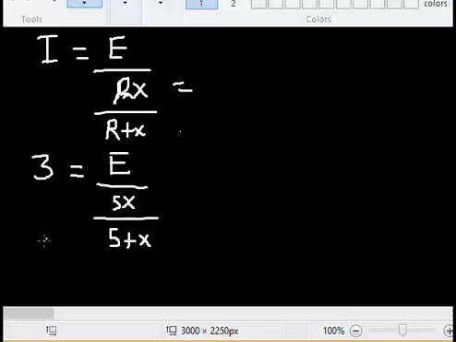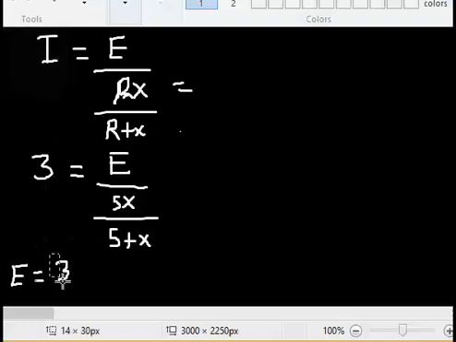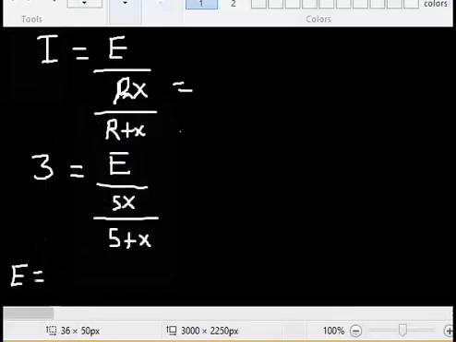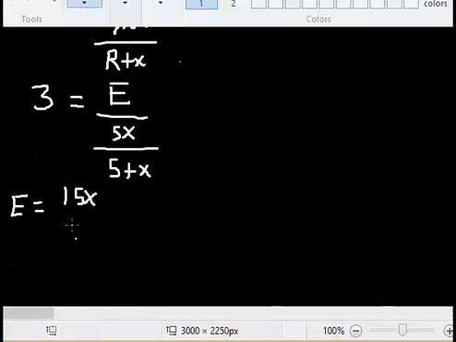If I cross multiply, E is going to be equal to 3 times 5x, that's 15x, all over 5 plus x.